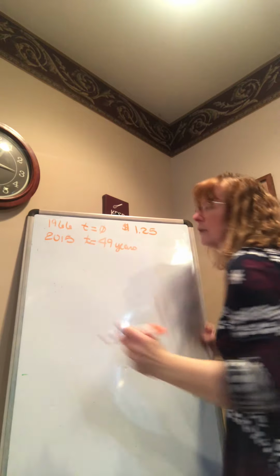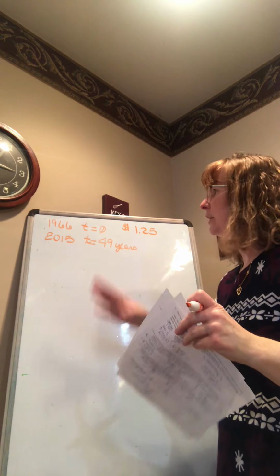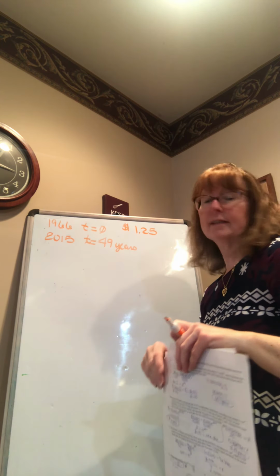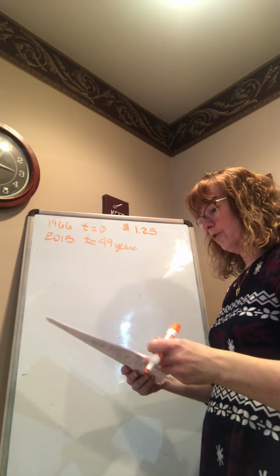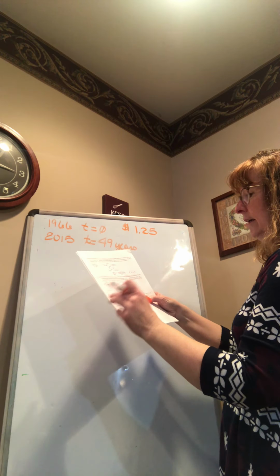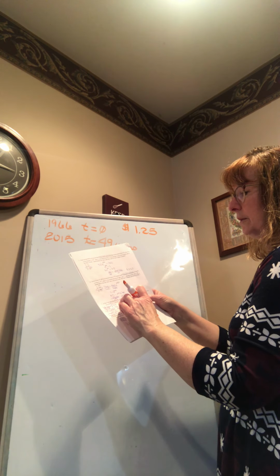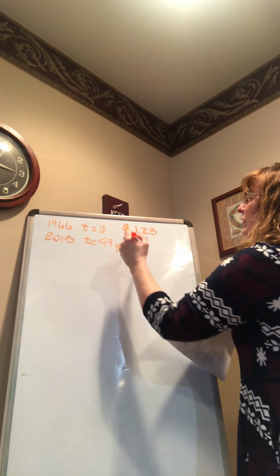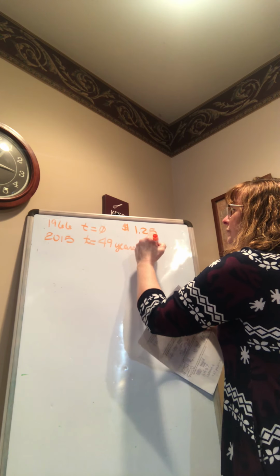All right, so if you want, you can pause the video at this point and you can check from 1966 to 2015. You get your 49 years, and now the minimum wage at this time is $8.75.